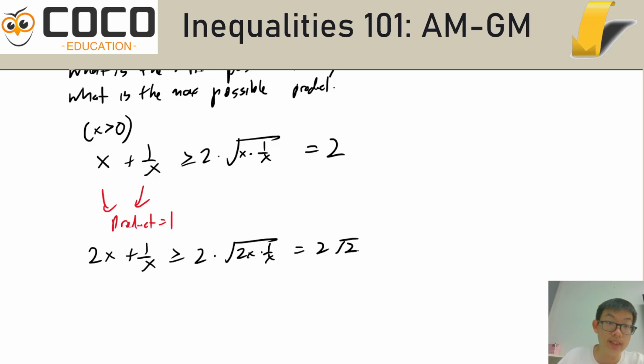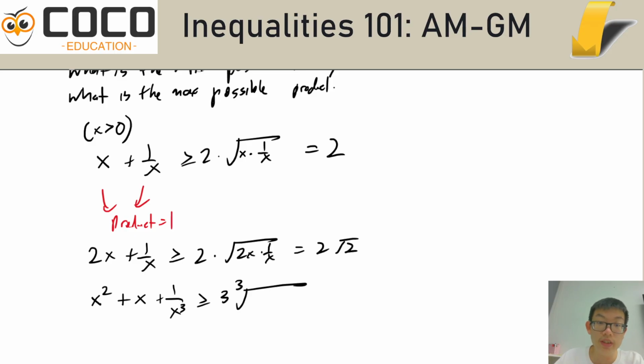If I've got more things, let's say I have got x squared plus x plus 1 over x cubed. Now this is going to be greater than or equal to 3 times the geometric mean, which is 3.